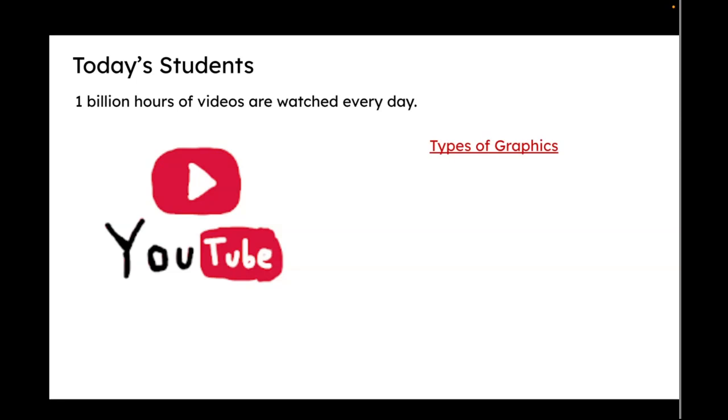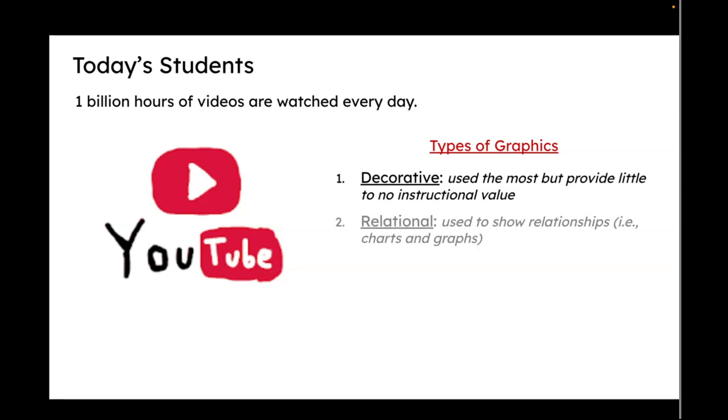And we know that there are 4 different types of graphics found within design. The first one is decorative. It's used the most often, but decorative images don't have any instructional value. It doesn't mean that they're not important, but something to keep in mind, they have no instructional value.